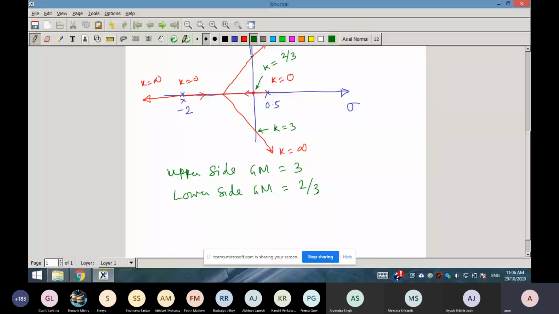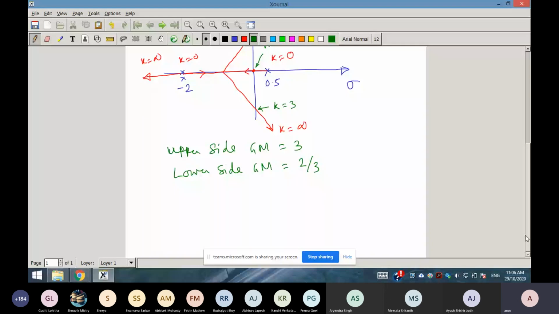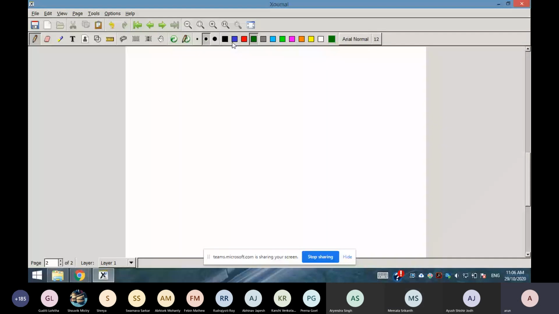Similarly, you can also use the Nyquist plot for this. Just for the same example, I will draw the Nyquist plot and I will say how to determine the lower side gain margin and upper side gain margin. For this system, the Nyquist plot will be like this.